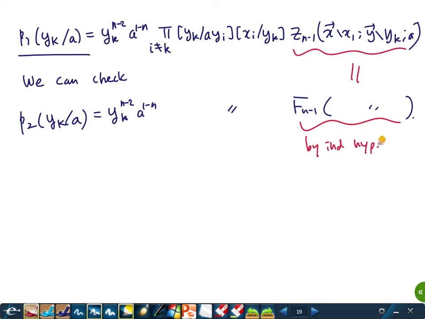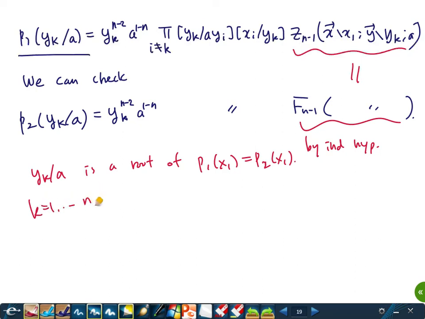Right? So they are the same. So yk over a is a root of P1(x1) minus P2(x1). But k can be anything from 1 to n. They are different. So we found not only one, but by the symmetry, we found n distinct roots. That means P1 equals P2.